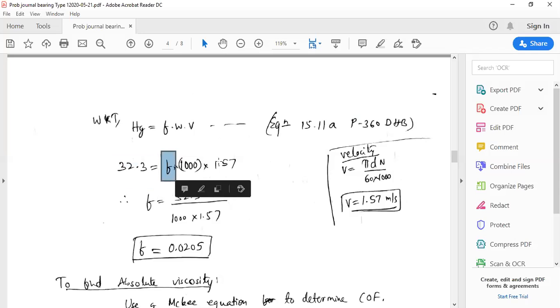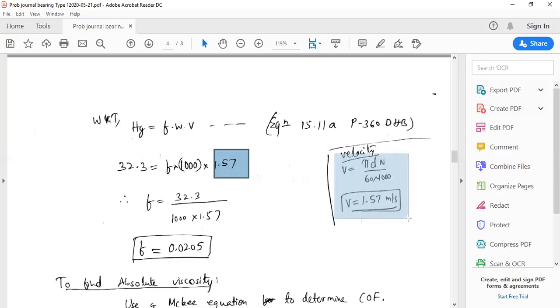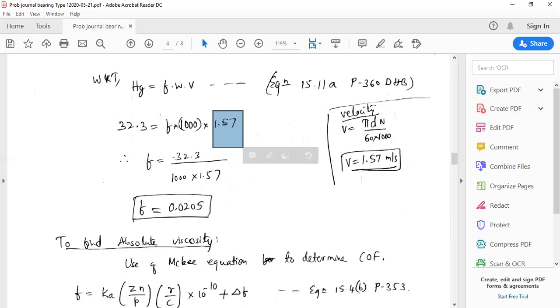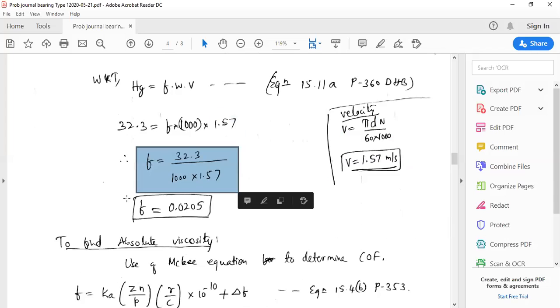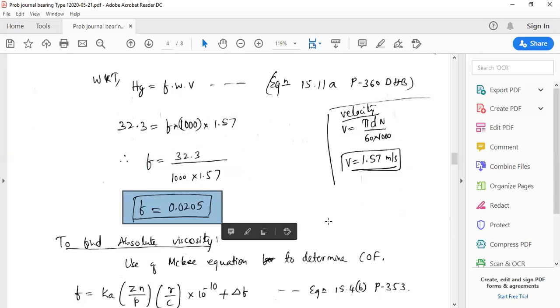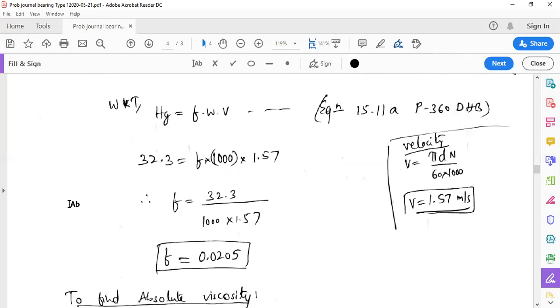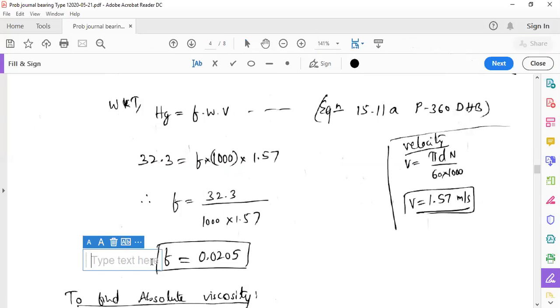F, the COF, is the only unknown, W is 1000 newtons, and V is calculated here by pi dn, giving the value of V as 1.57 meter per second. So the value of F that we get here is 0.0205, that is the coefficient of friction.